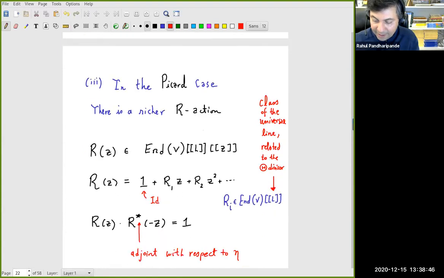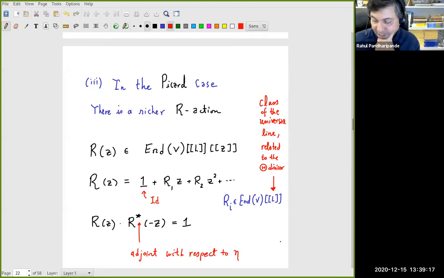So now we go to the Picard case, and there's a richer R action. So the first thing is, where do you want R to be? The idea is that it's still a power series in Z, but the matrices now have their scalars extended to involve a new series in L. So these coefficients of the R matrix are power series in V, but they have a new coefficient.